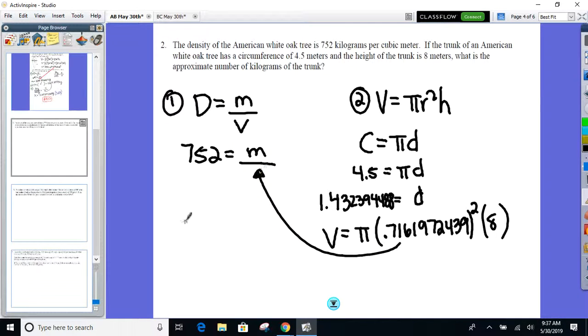And I'll ask somebody in a minute, what'd you get for your mass? And it says approximate. There are no specific rounding directions. It says approximate. So let's just go nearest pound. Nearest kilogram, excuse me.